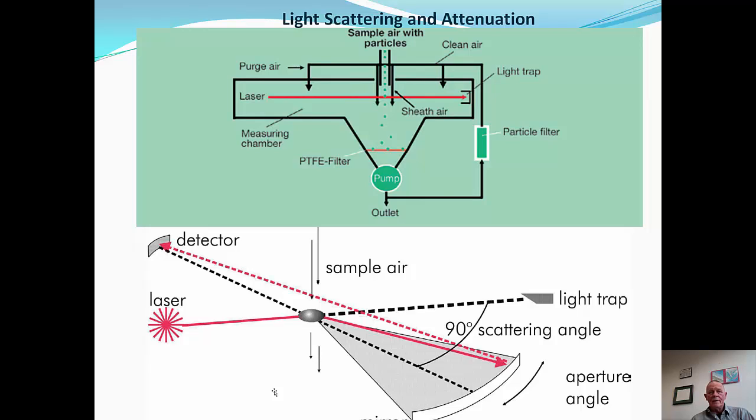Typically, a lot of simple devices these days measure the scattering at 60 degrees. It doesn't make a lot of difference, except for the fact that at the smaller angles you get more signal, but it's also sometimes difficult to separate out the smaller angles because of the interference from the light source, especially if it's a very bright, like a laser light source.